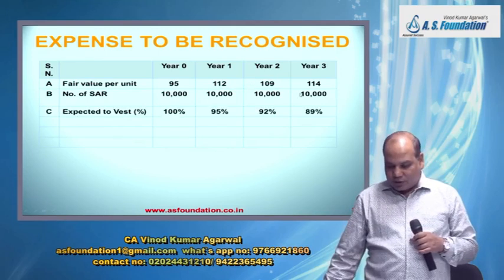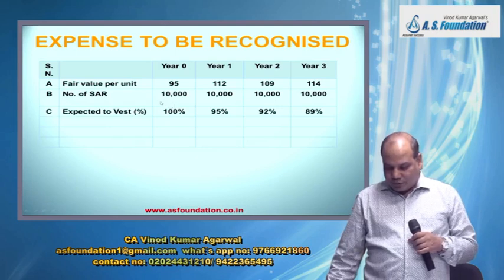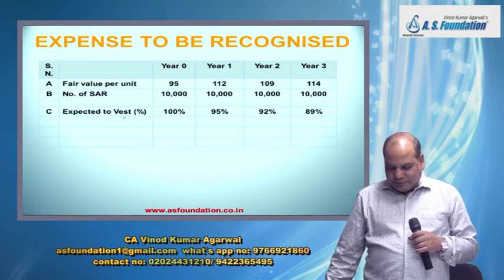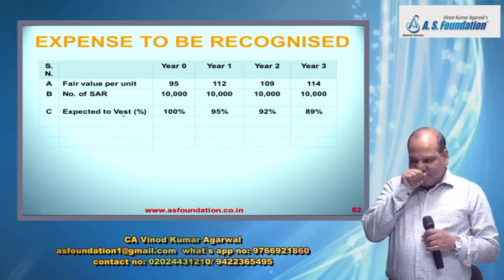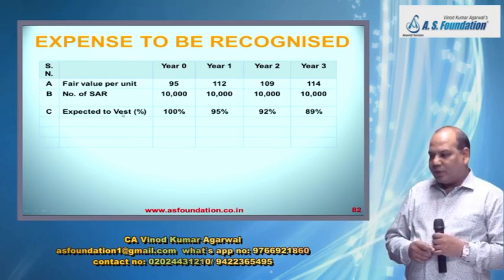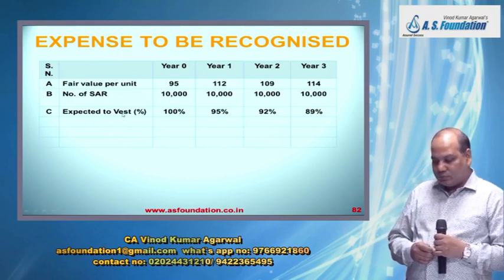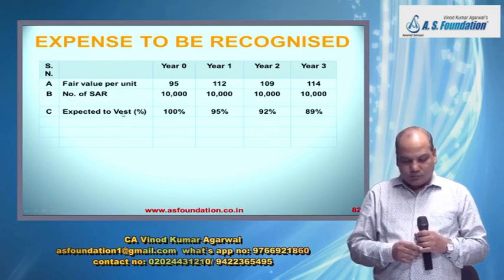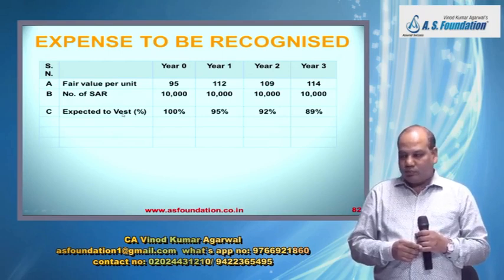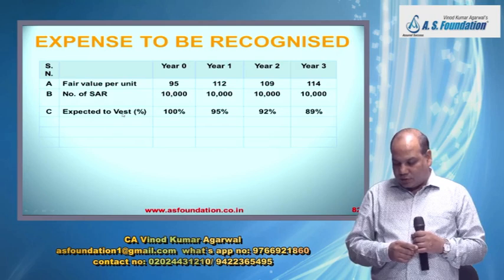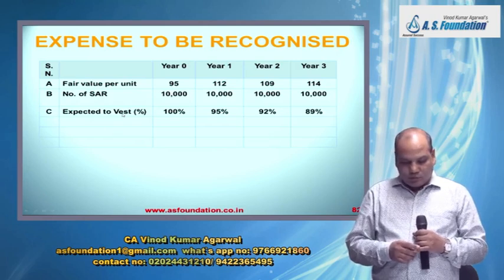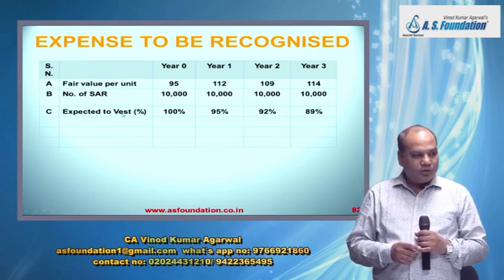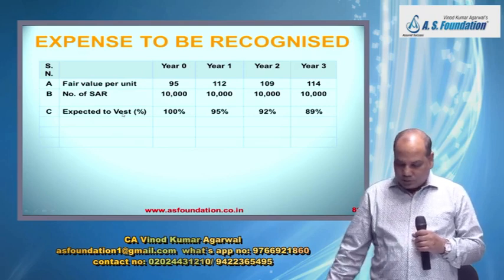So now number of SAR, 10,000, 10,000, 10,000, 10,000. Expected to vest: 100%, 95%, 92%, 89%.